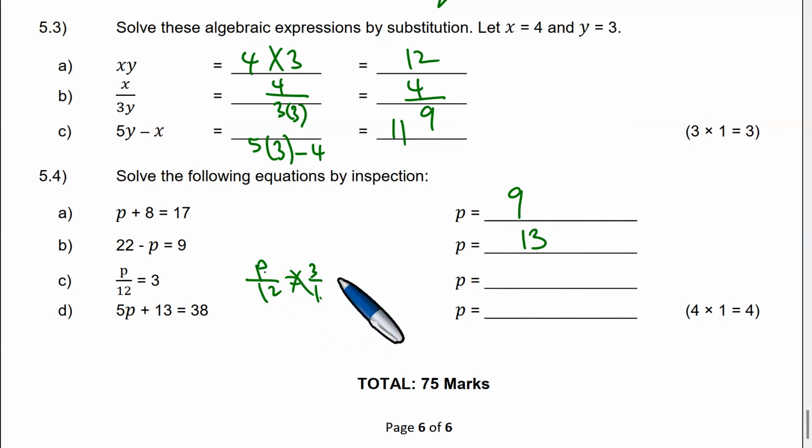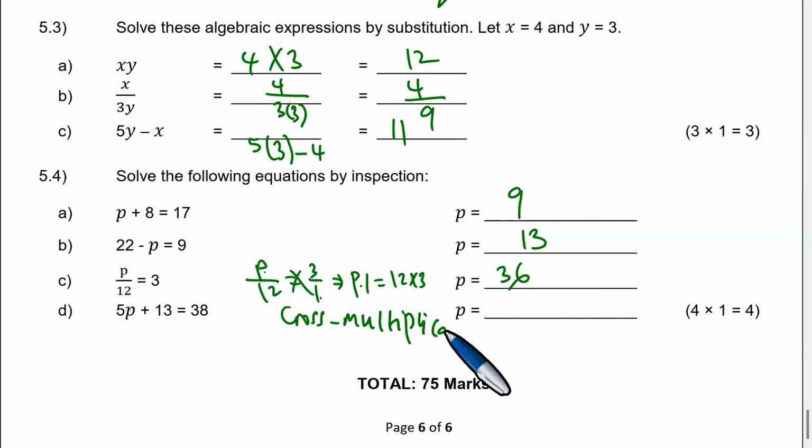We have p times 1. What is p times 1? p. 1 times p is p. 12 times 3 is what? 36. It's 36. This is called cross multiplication. It is called what? Cross multiplication. Right.